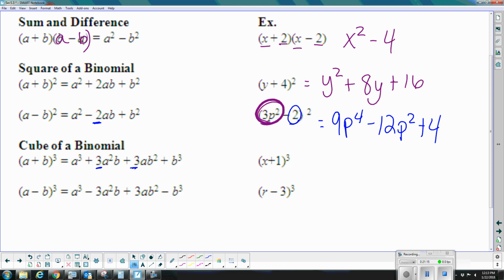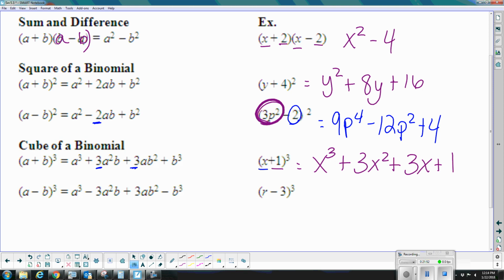So x plus 1, where this is a and this is b. You have x cubed plus 3 times x squared times 1, which is 3x squared, plus 3 times x times 1 squared, which is just 3x, and then 1 cubed, which is just 1.